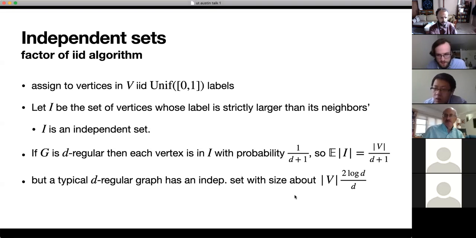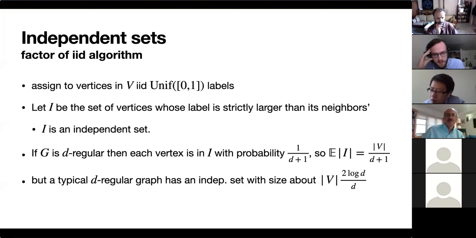But as you can see from this last bullet point, it actually doesn't do very well, because you can show that a typical d-regular graph has an independent set of density 2 log d over d. Right. So actually, there are more sophisticated constant time algorithms.